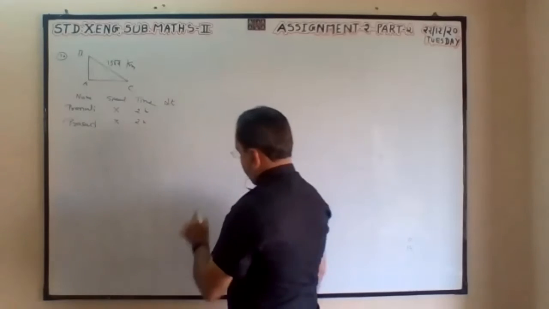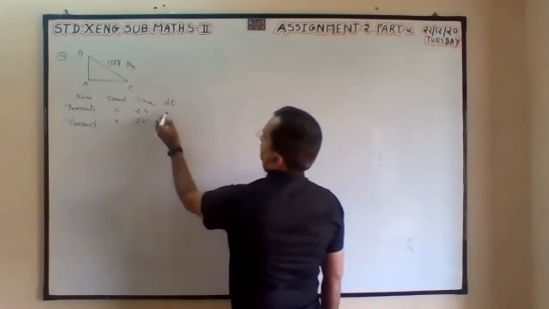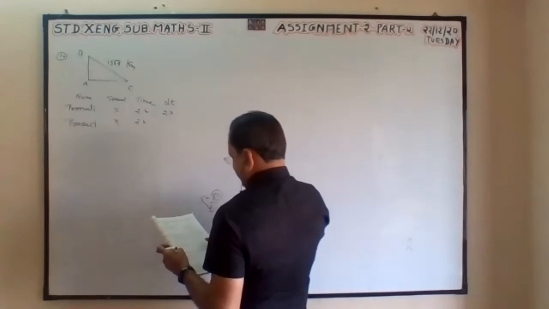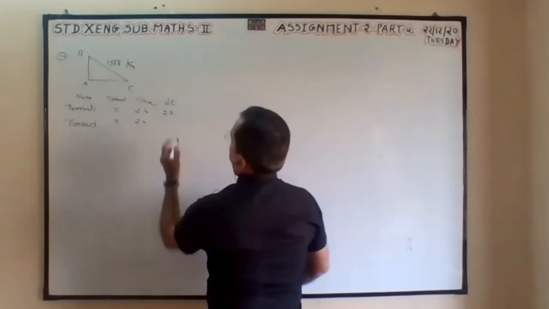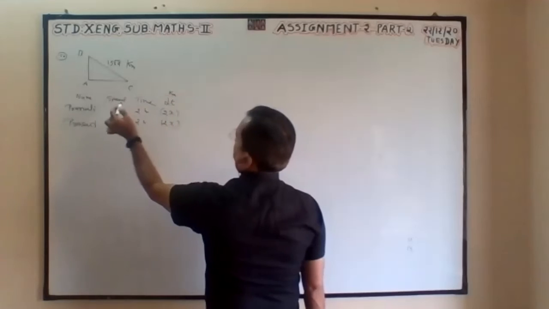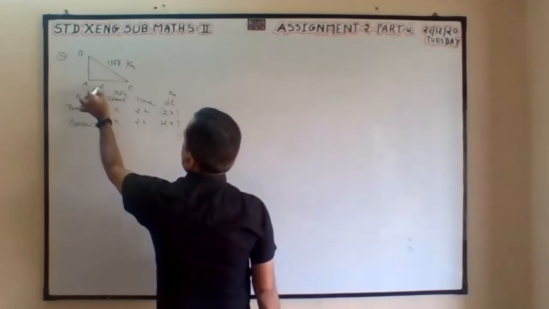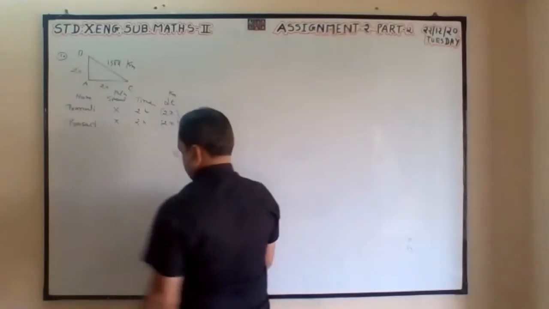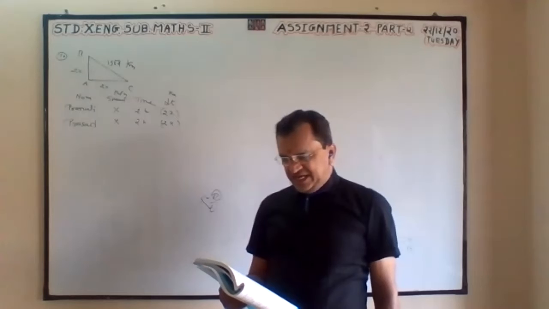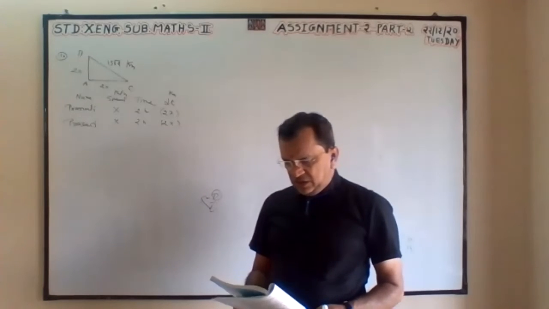Speed is equal to distance by time, so distance is equal to speed into time. Same speed, after 2 hours this much distance. This is speed in kilometer per hour. So this much is 2x, this much is 2x. Same point, same speed, same time.